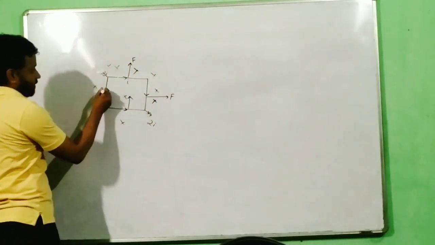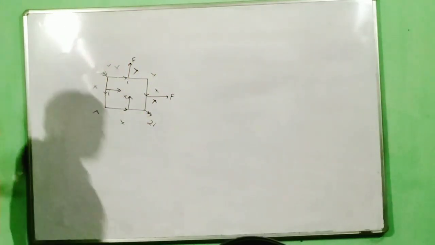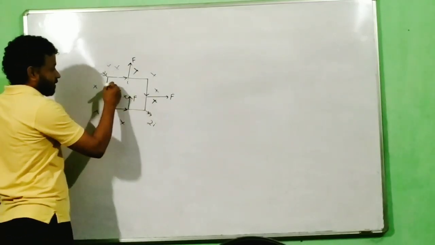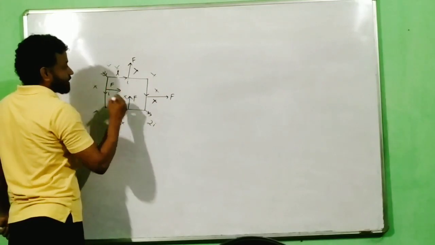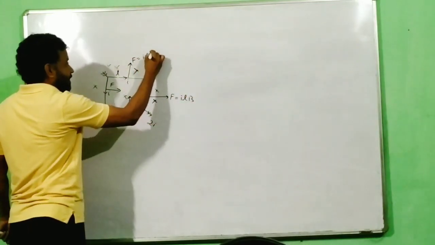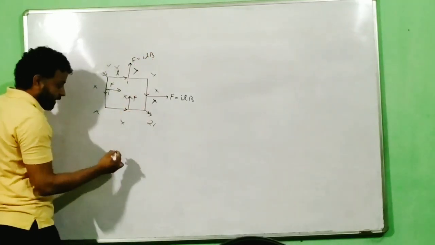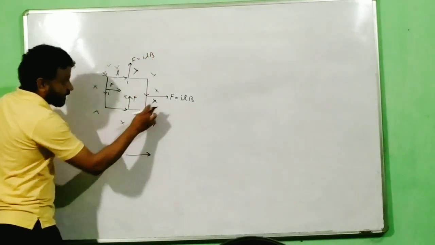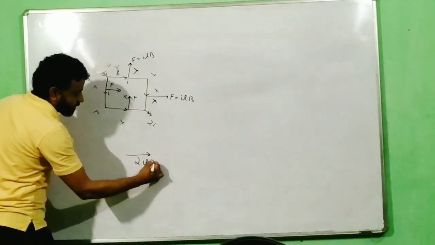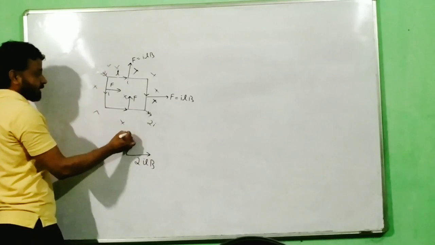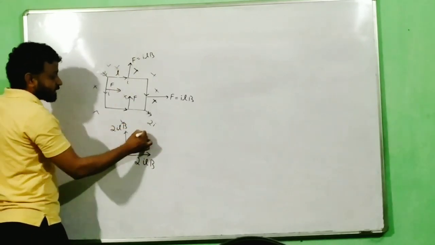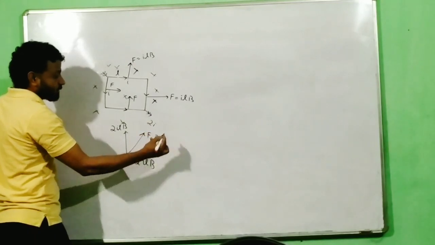This direction. Correct? See, the whole thing got changed. And let us say the side length is L, which means each force will be IL times B. So what is the whole thing? I am getting a force here, ILB, that is 2F, 2 times ILB. And I am getting one force in this direction, that is also F and F, that is equal to 2 times ILB. So this must be my resultant force.